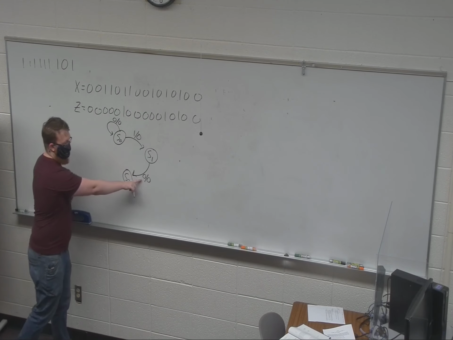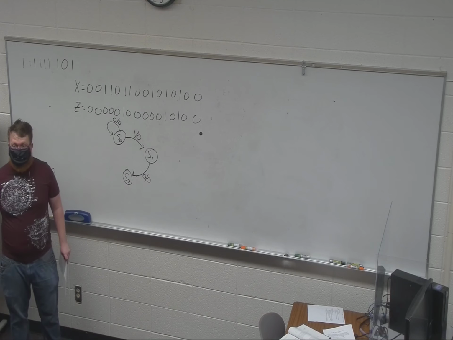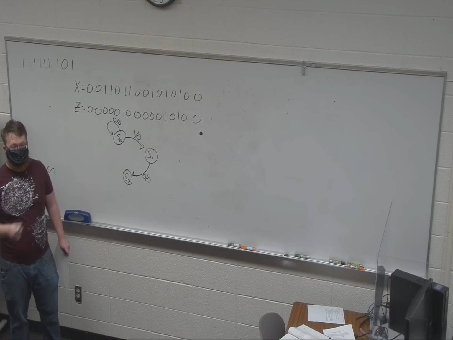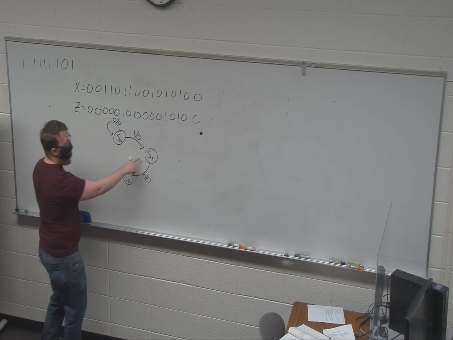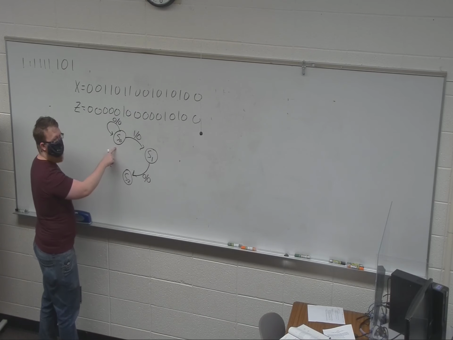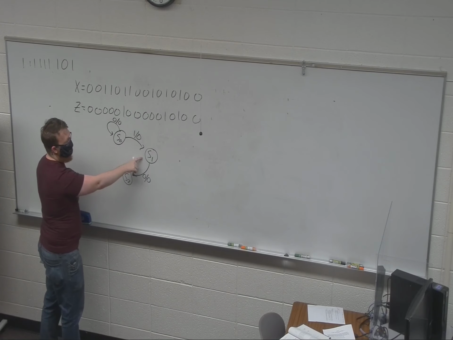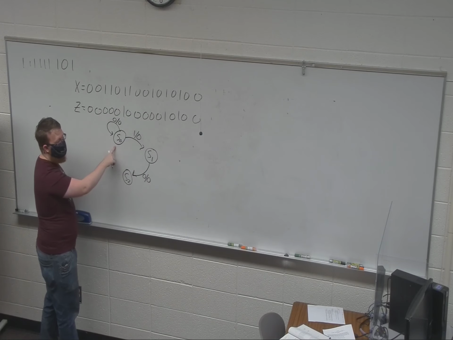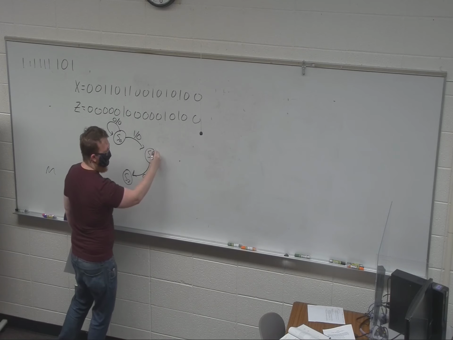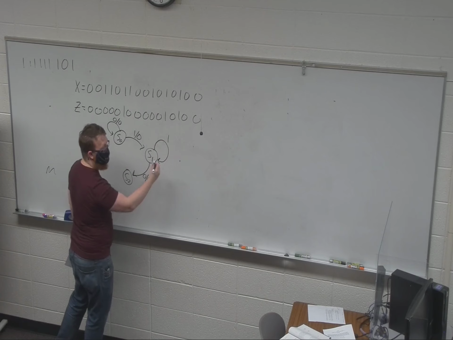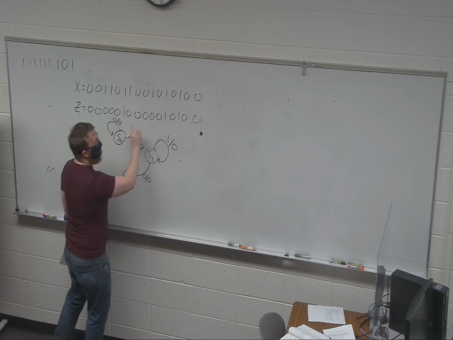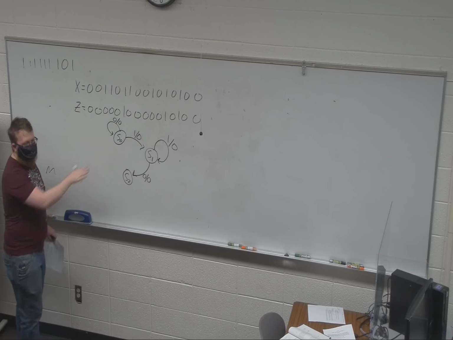Zeros are good. What happens if I see a 1? Do I go back to the first? Then I could actually miss one of the 101s because I spent a whole time going back to this state. I actually want to hang out here because that 1 that I just saw could be the first one in a sequence. So we're just going to hang out there.